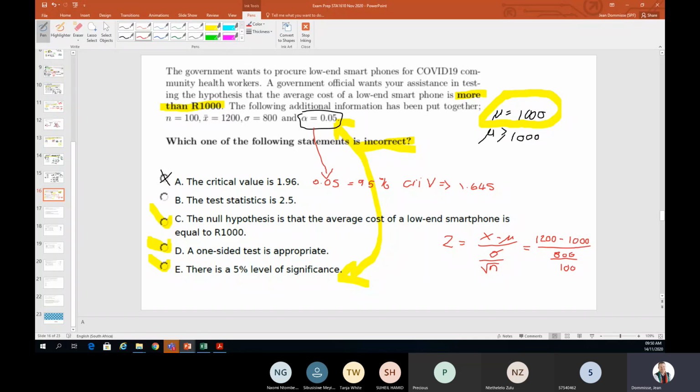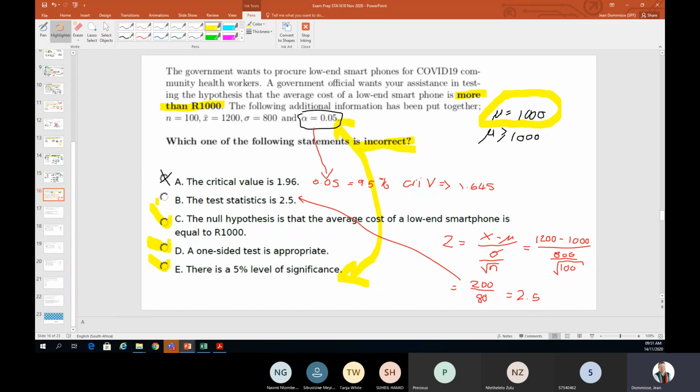So the square root of n. Basically 1,200 minus 1,000 is 200. 800 divided by, remember, square root of 100 is 10. So 800 divided by 10 is 80. So 200 divided by 80 gives me 2.5. Which is that one.